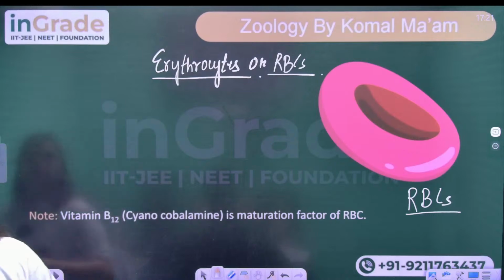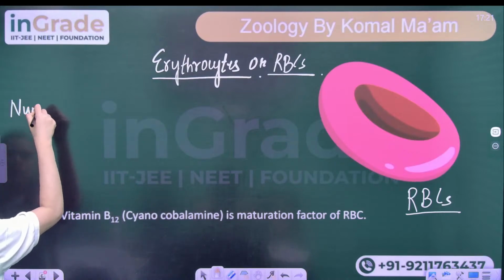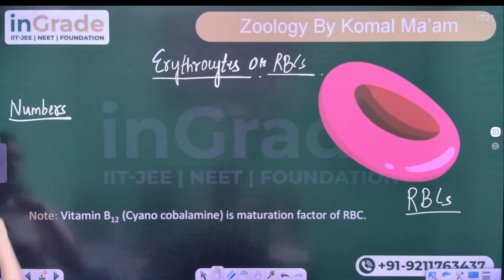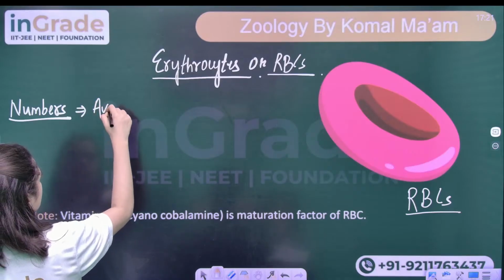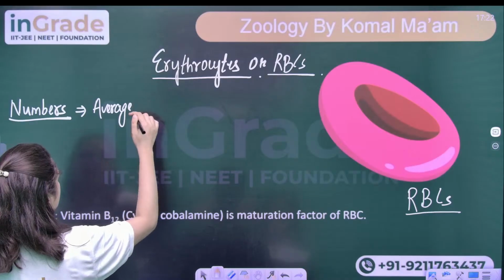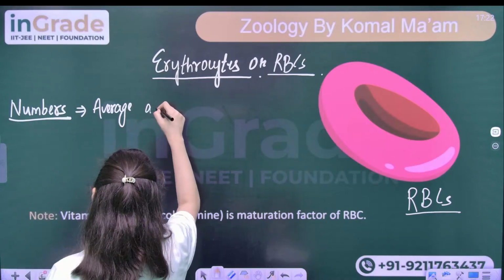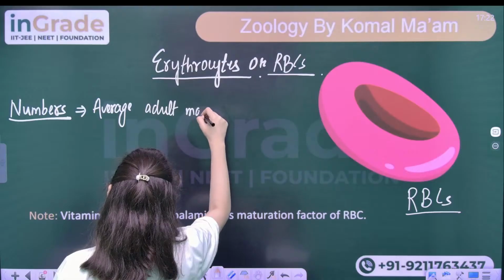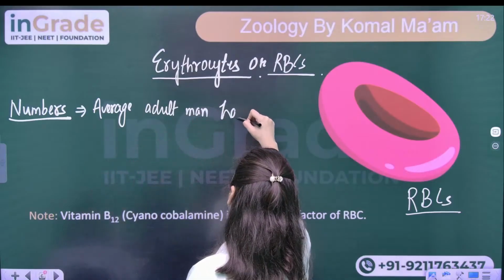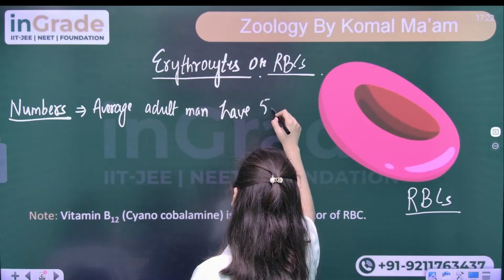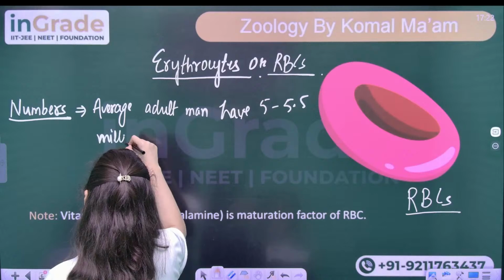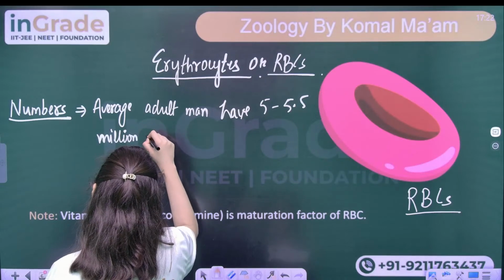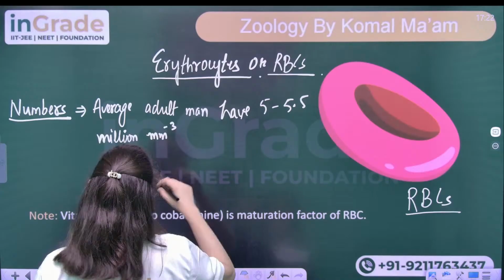Firstly, if we talk about the number, RBCs in an adult, the average adult man has around 5 to 5.5 million RBCs per millimeter cube.